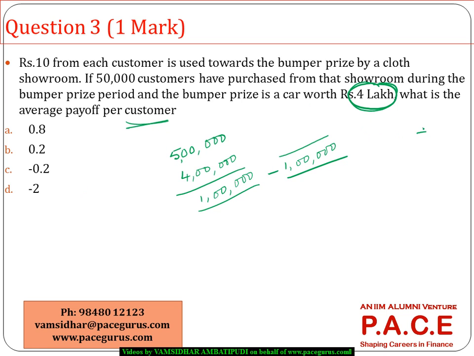So the expense is 10 rupees per customer, but what is coming out is 4 lakhs divided by 50,000 customers, which is 8 rupees per customer is coming in, means there is a net loss of 2 rupees per customer, and that is what we are saying average payoff per customer is -2, wherein I am marking the answer choice D. Right, so all we are doing in this case is finding out the net inflow, the net outflow, and finally looking at the net per customer, and based on that working out our answer.